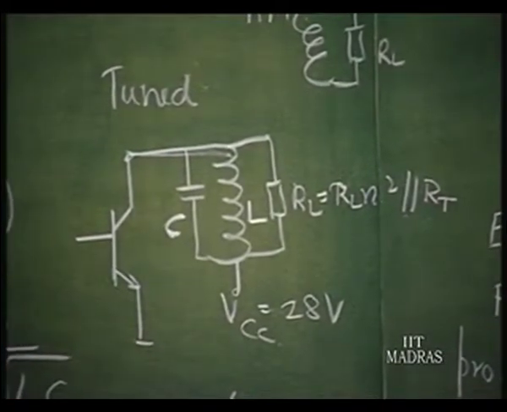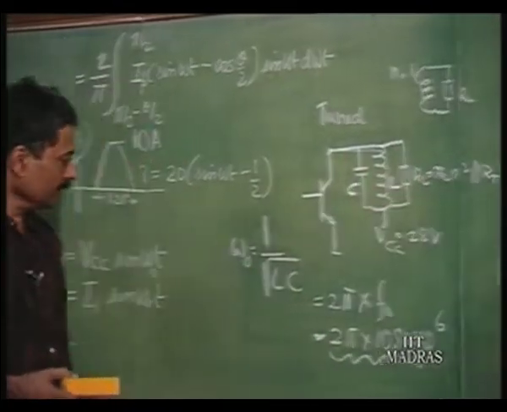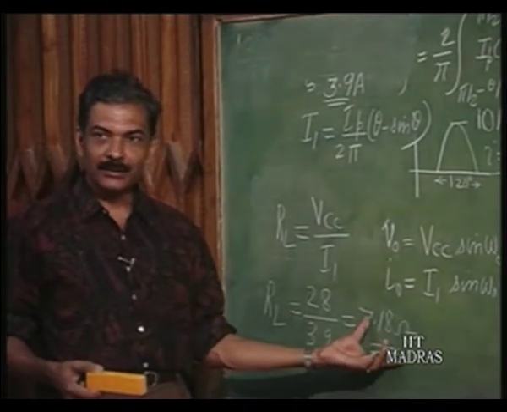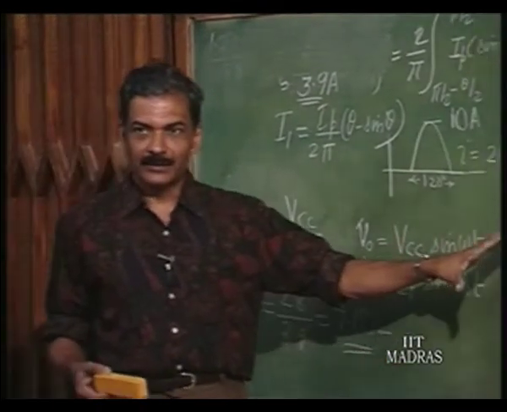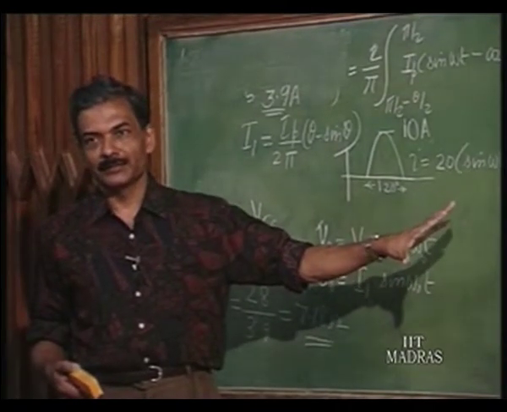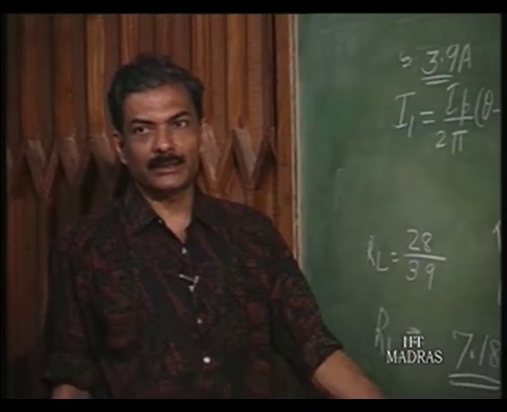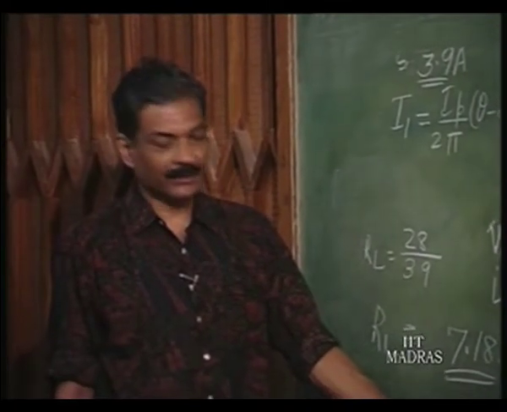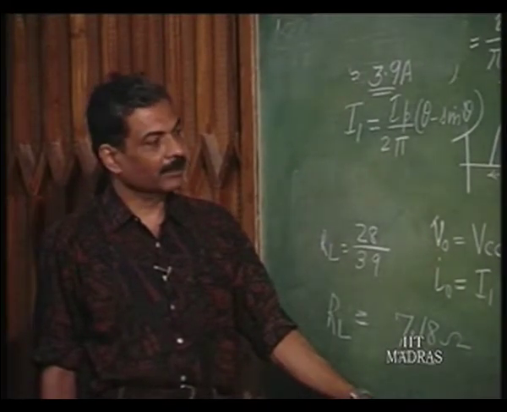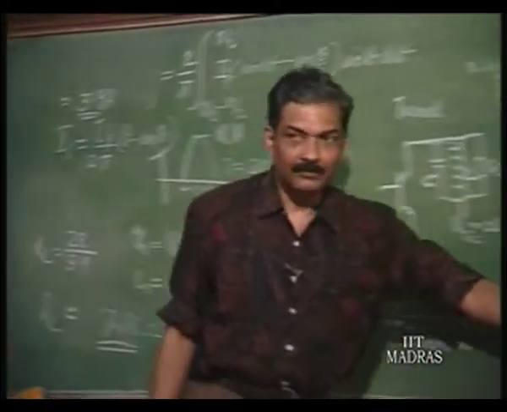So, this resistance value has to be restricted to this for this design, for obtaining this much output power. Now the load is completely defined, RL is fixed and L and C are fixed. Let us discuss the drive requirement.